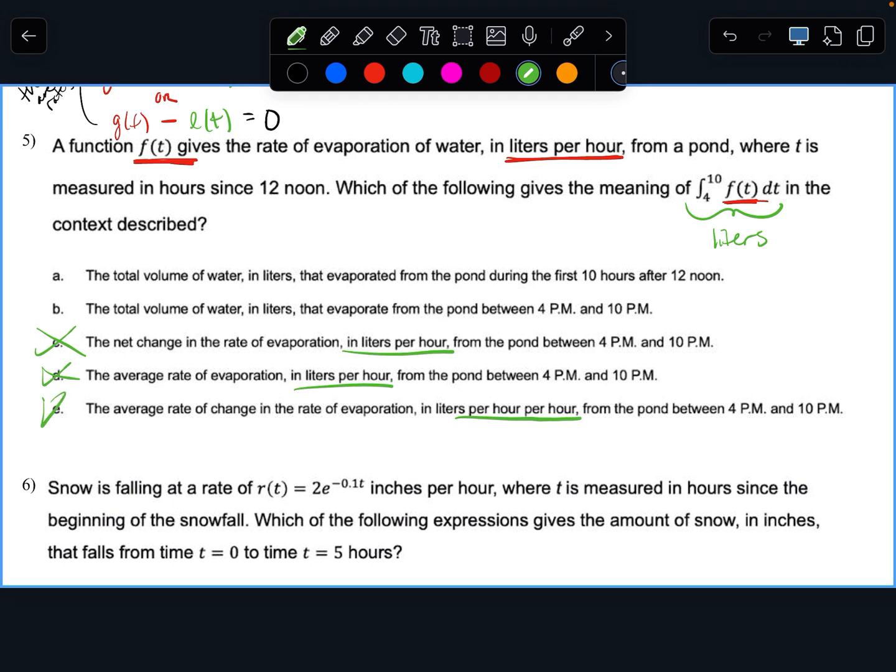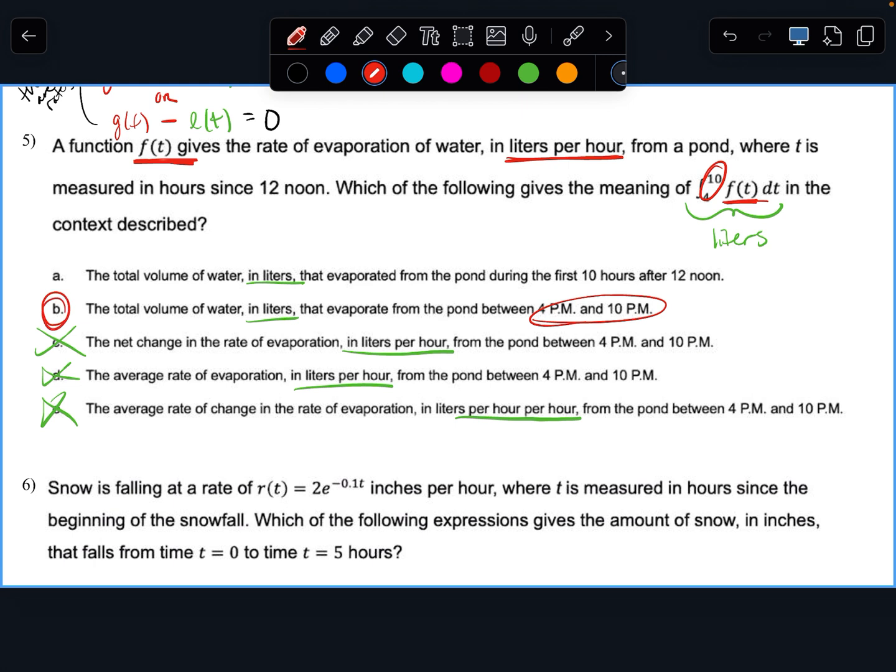Liters per hour, out. You know what I mean? And now you have a 50-50 shot of getting it. Okay, so total volume of water in liters, so this is legit, this is good. Evaporated from the pond in the first 10 hours after 12 noon, or between 4 and 10, you have 4 and 10 on the integral, so, whoops, wrong one. This guy, so B would be the answer, right?